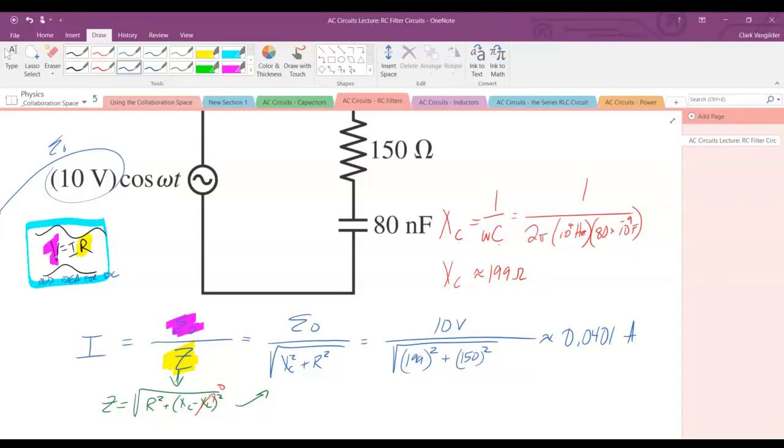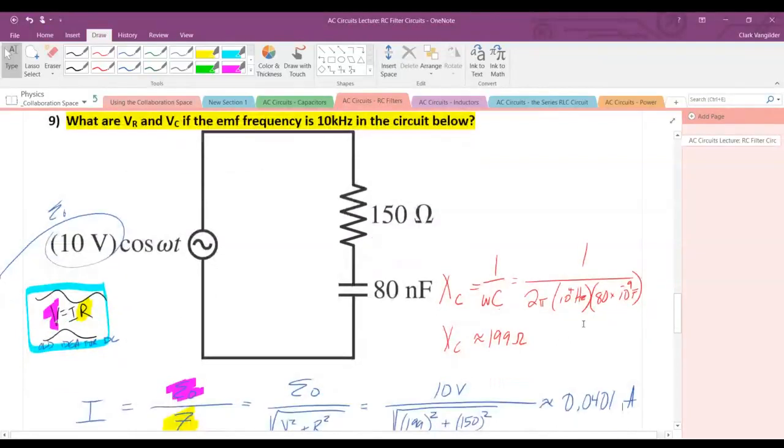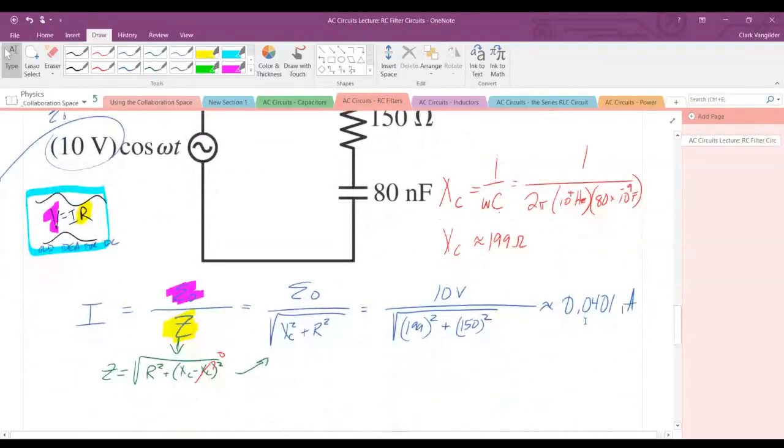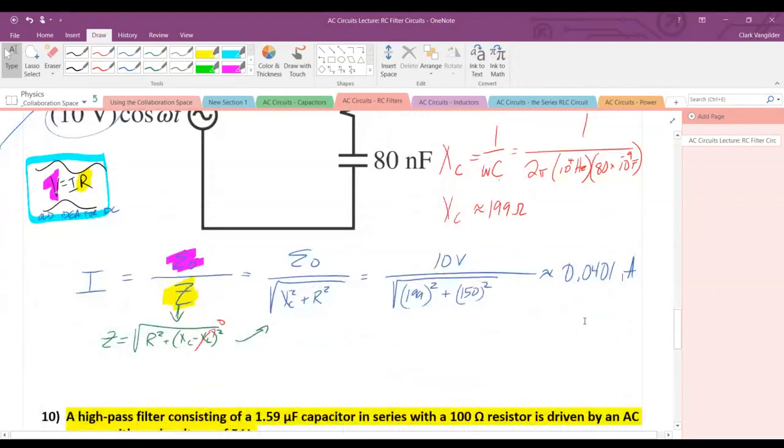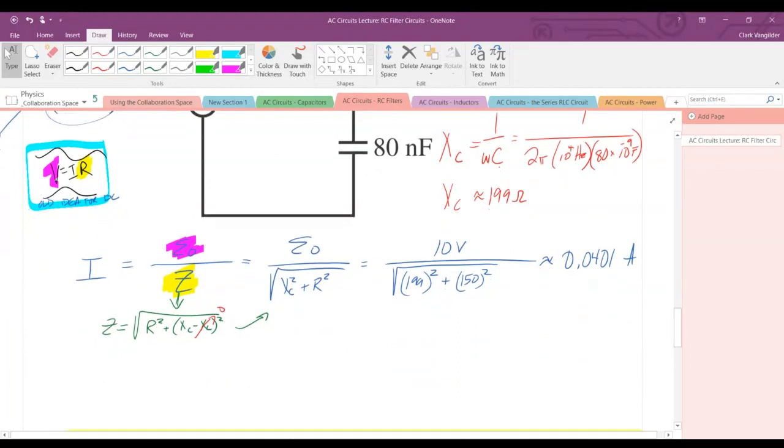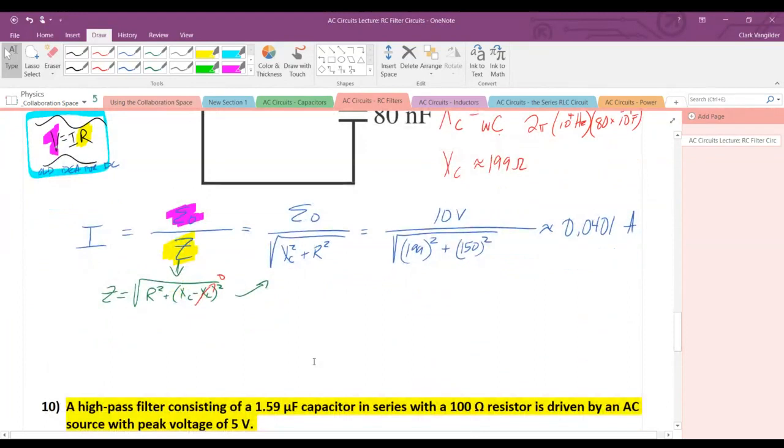And I think, what are VR and VC? So now that I have current in the circuit, I could finish this off, and I just might give myself a little bit extra room here. It's the beauty of OneNote.